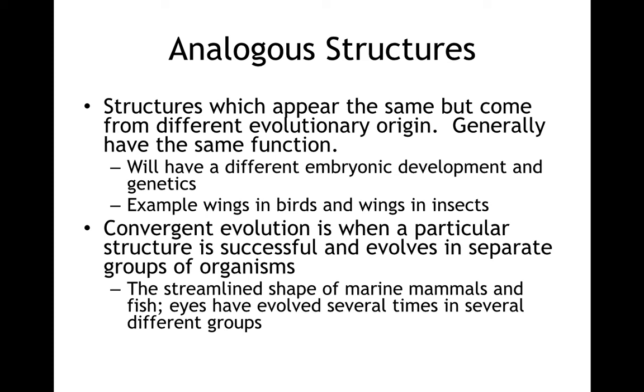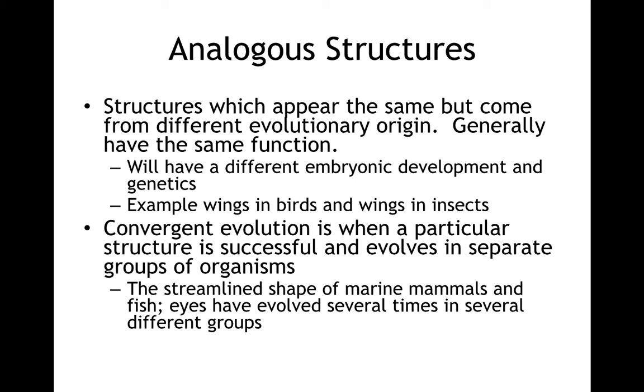And some structures are both homologous and analogous in a way. When you look at, say, the wings of a bat and the wings of a bird, from the limb perspective, they're homologous. They both come from the same structures that our arms come from. But the wings themselves evolved separately, the actual structure of the wings.